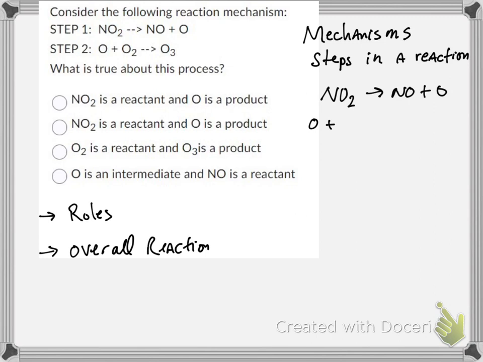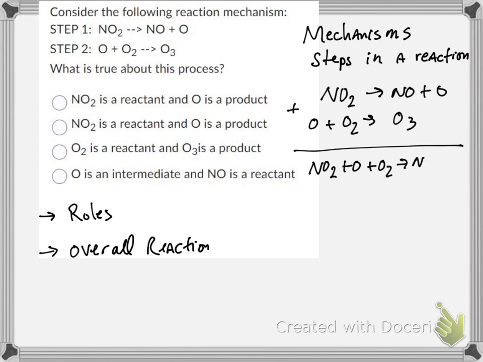So when we look at this particular mechanism, in step 1 we have NO2 breaking up into NO plus O. Then O plus O2: once O is made, it reacts with O2 to make O3. When we sum up the overall reaction, we take all the reactants from all the steps, sum them up, and put them on one side.